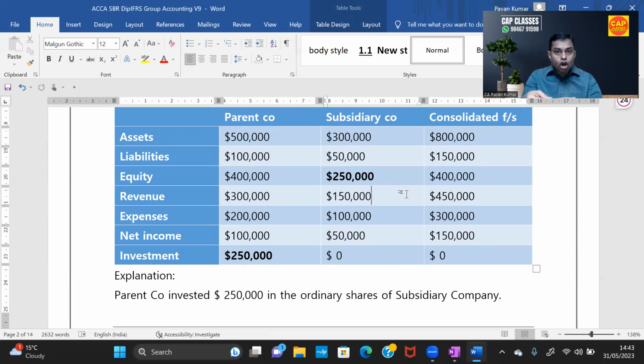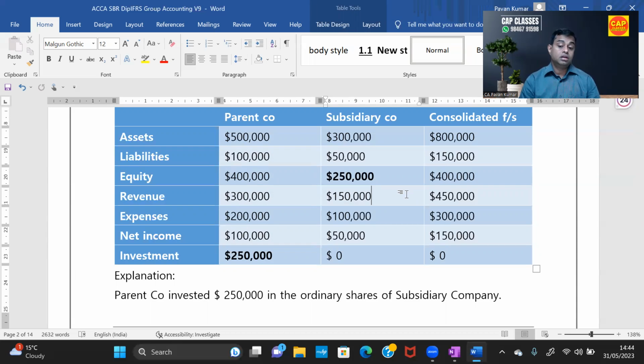Face value can be $1. The market price of the share can be $100, no? If the face value of a share is $1, the market price of the share need not necessarily be the same as face value. Definitely, it will not be the same as face value. It will be much higher.